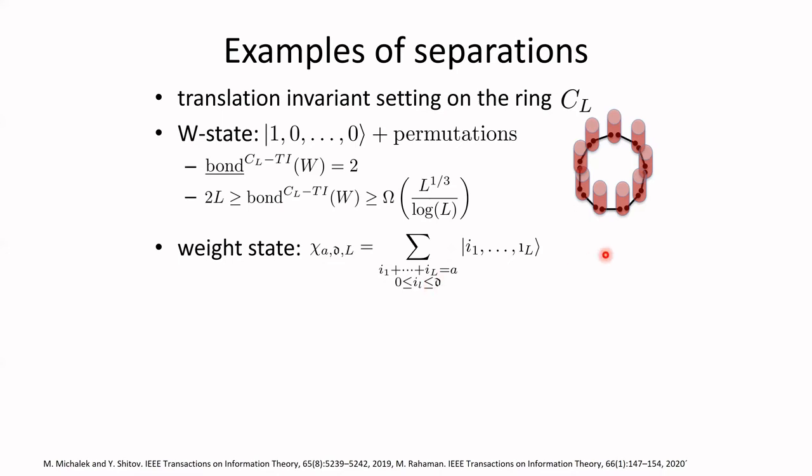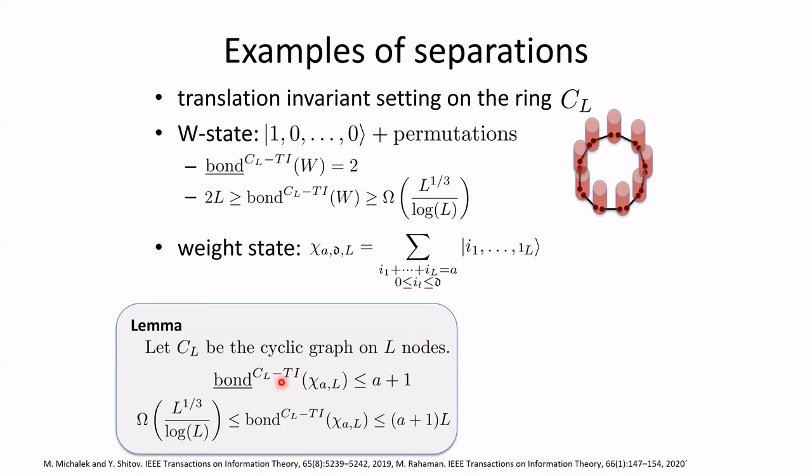And for these states, we also find that the border bond dimension is upper bounded independent of the system size, namely exactly by the weight A plus 1, whereas for the bond dimension, we get the same lower bound as for the W state, again by using the quantum Wielandt inequality.